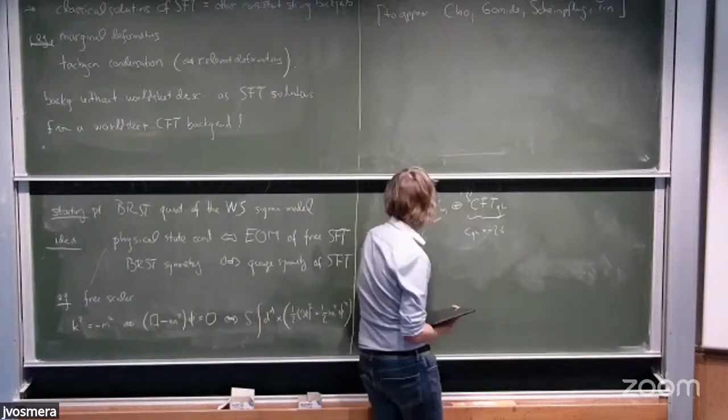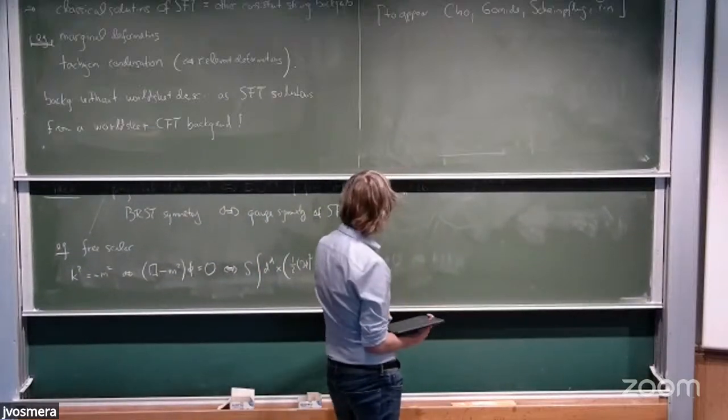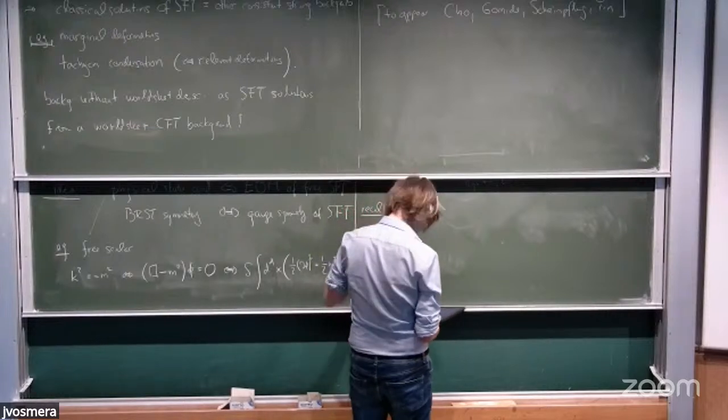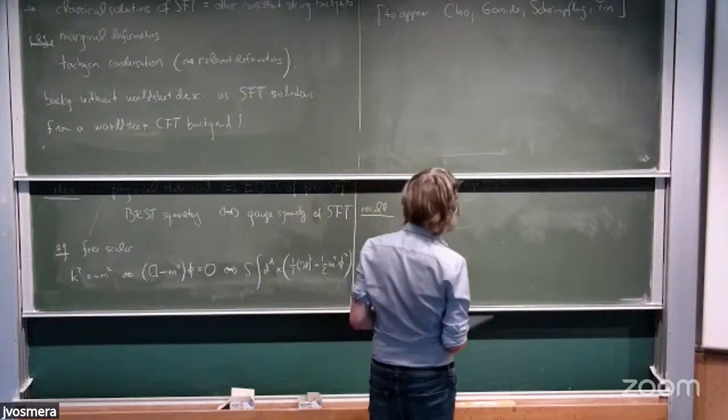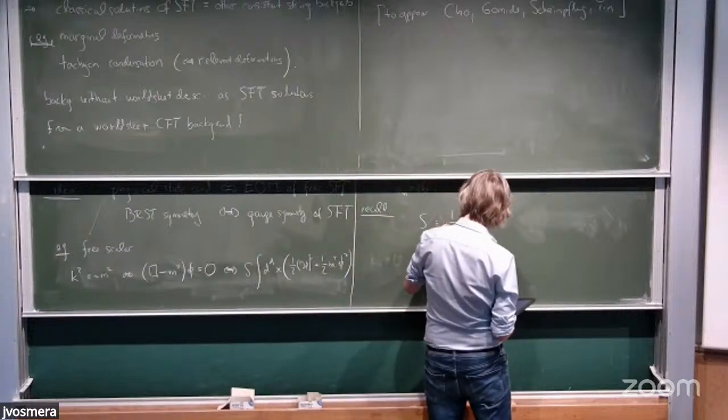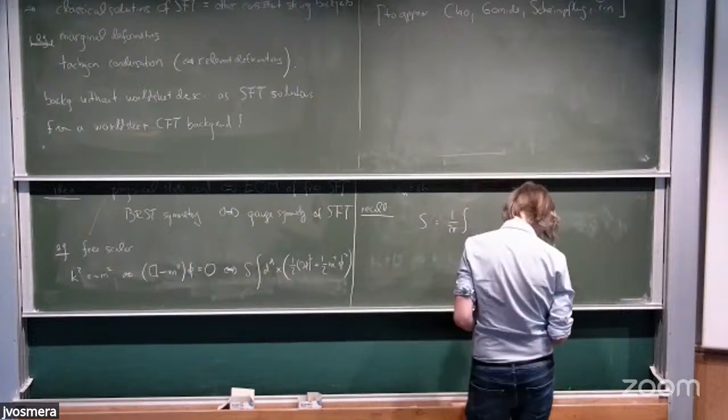So then, as I've just promised, let me recall a few basic facts about the BC ghost system. So that is a CFT which is actually given by an action. Not all CFTs actually can do that.